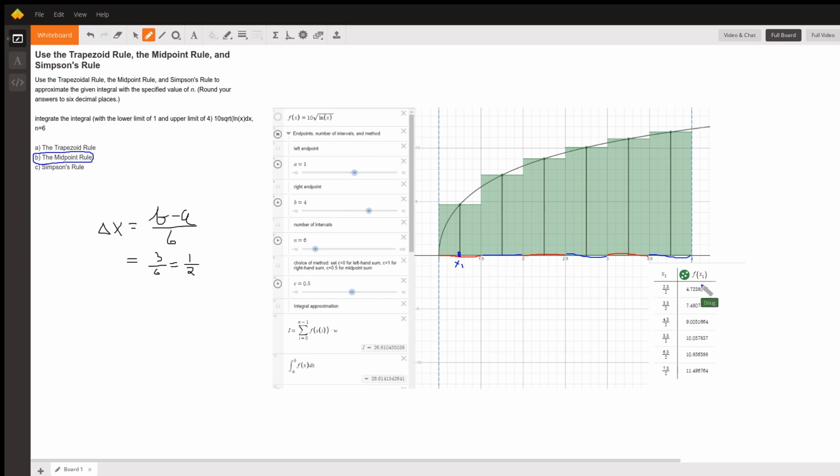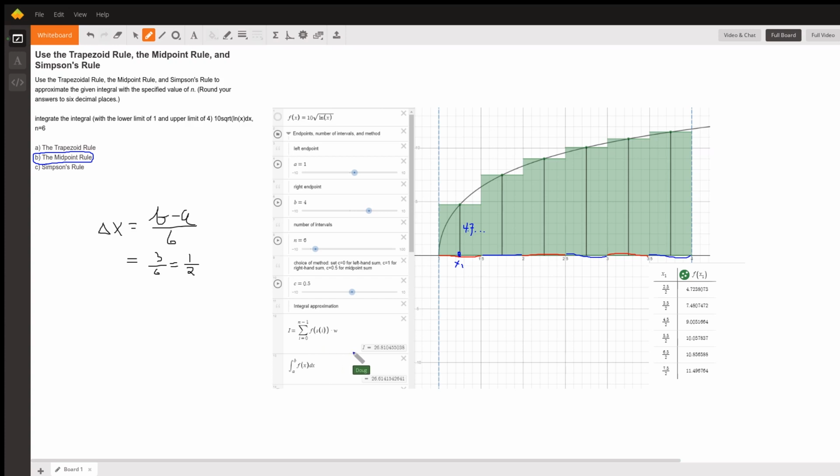I substitute that into the f function, and I get 4.723, whatever. And so the area of this first rectangle is 4.7 times 1/2. And so on for the other 5 rectangles. And that's what this represents here.